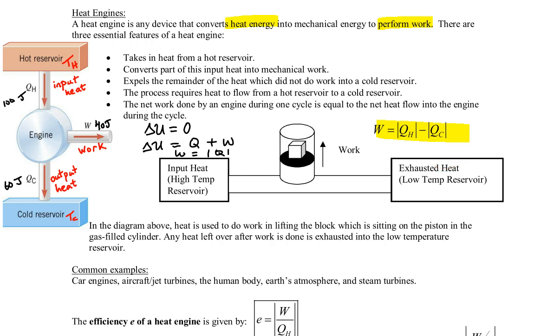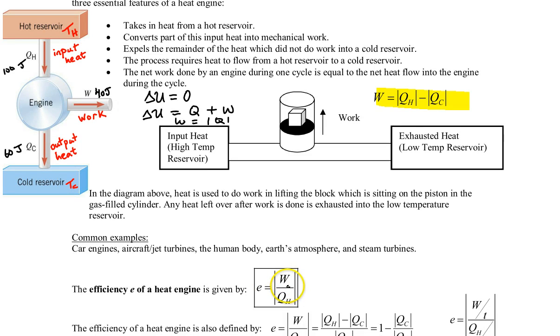The thermal efficiency, which is shown down below, is defined as the ratio of the useful work done, W, divided by the initial input heat energy, QH. Another way to look at it is that it's what you get divided by what you put in. And that efficiency will always be less than 1.